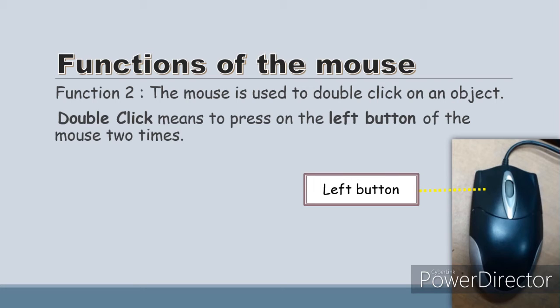Double click means to press on the left button of your mouse 2 times. So let's view an example again of how we use double click.